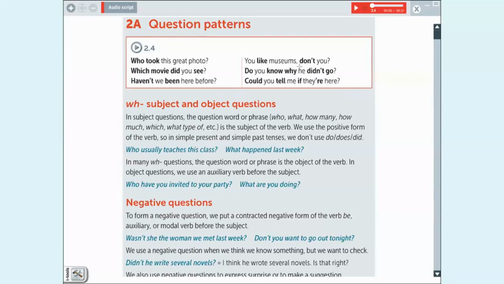Yes, as you can see, we can find clauses: subject, verb, complement, and a short question.